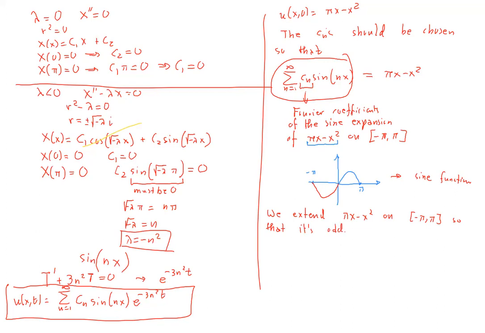And now pretty much we have to compute two over pi times the integral from 0 to pi of pi x minus x squared times sine of nx. That's what we need to compute. Once we compute these integrals, we're all set.